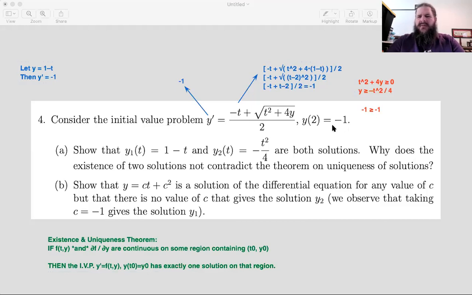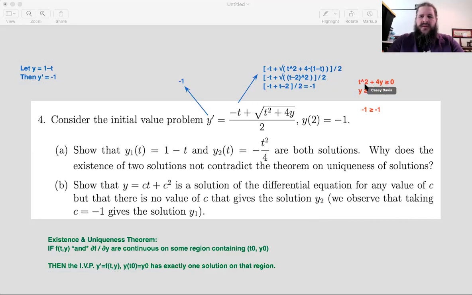So we've got to be careful about this region of continuity here. This 2, -1 is in a region of continuity, but it's on the edge of the region of continuity. The if part doesn't really say anything about being on the edge or not, but that does seem kind of suspicious. And of course, we also need to check not only the function itself, but what else needs to be continuous.